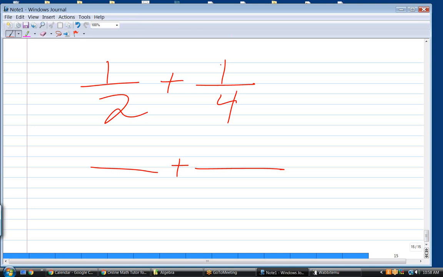Okay, Munira. So the common denominator, remember how I taught you to do it? Take the biggest number. First of all, see if everything divides into that. And in this case, it does. So 4 is my least common denominator. How many fourths is 1/2?